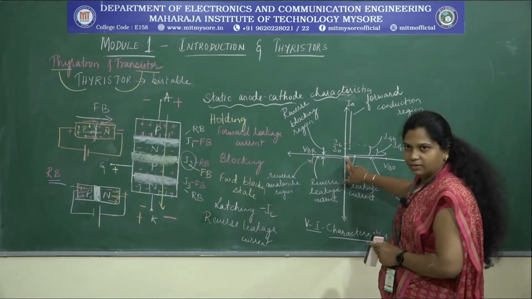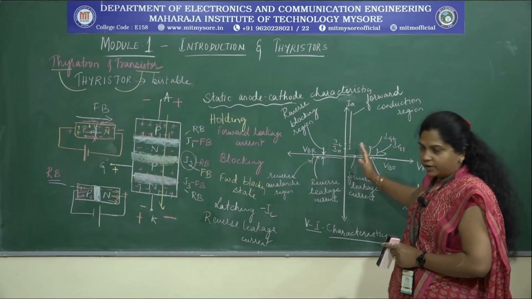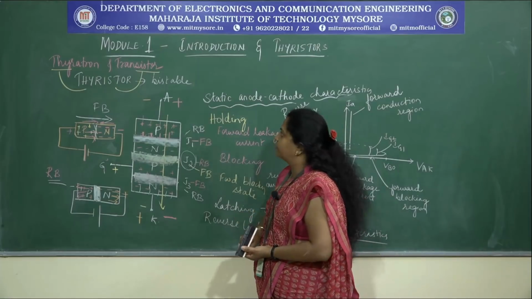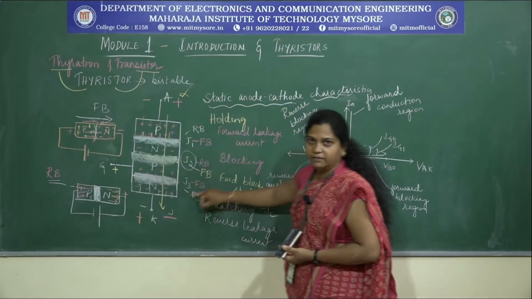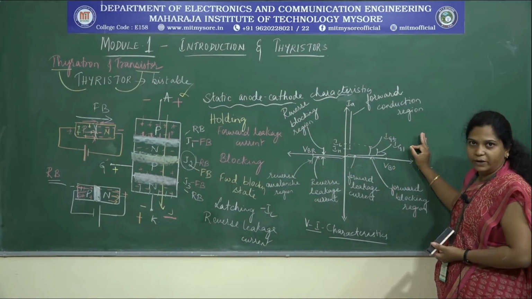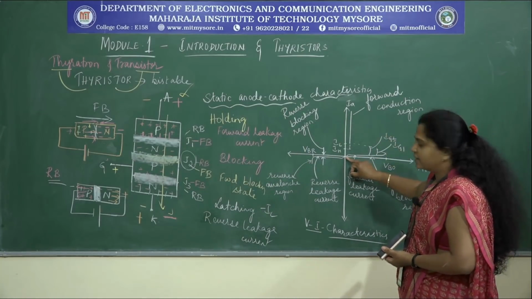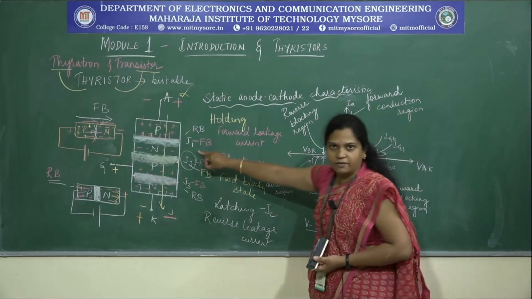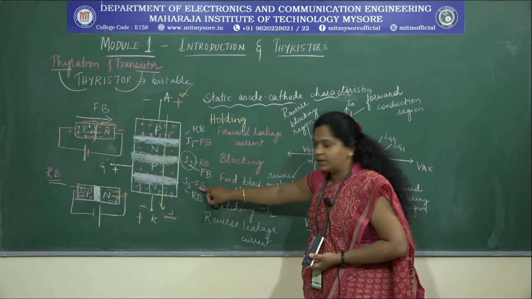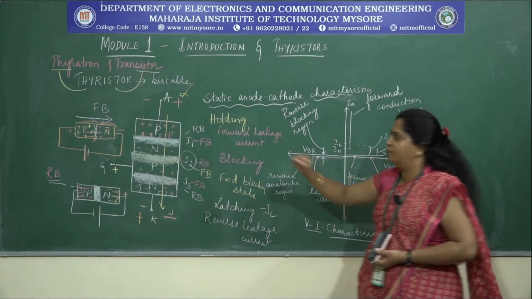Initially, the forward blocking state, that is when we are applying this potential, the positive and negative terminals here, this is the region of operation. So what happens? There is a small leakage current. Why is there this leakage current? Because J1 is forward biased, J3 is forward biased, so there is a small current flowing.